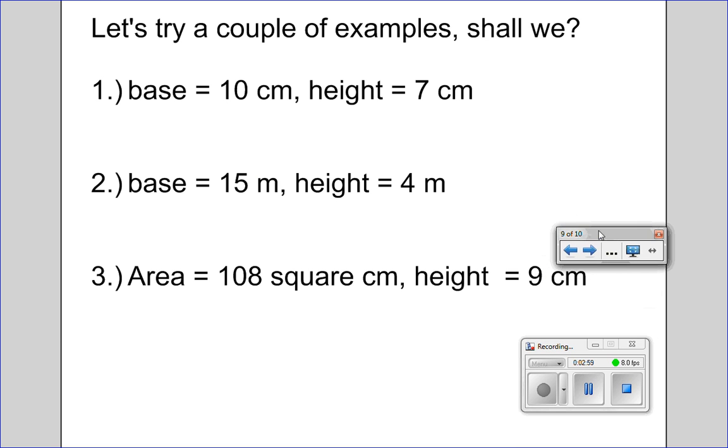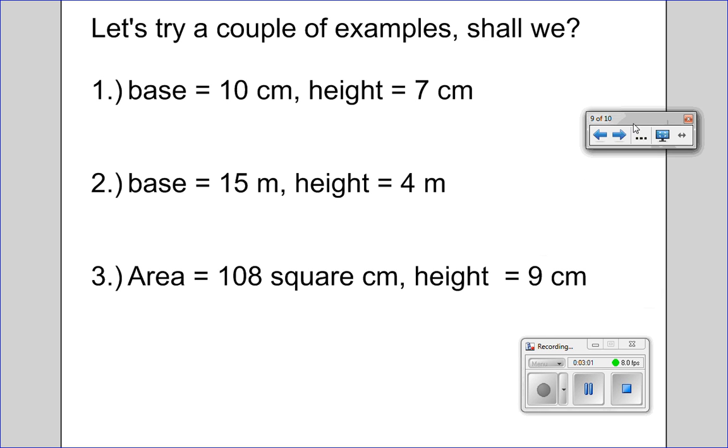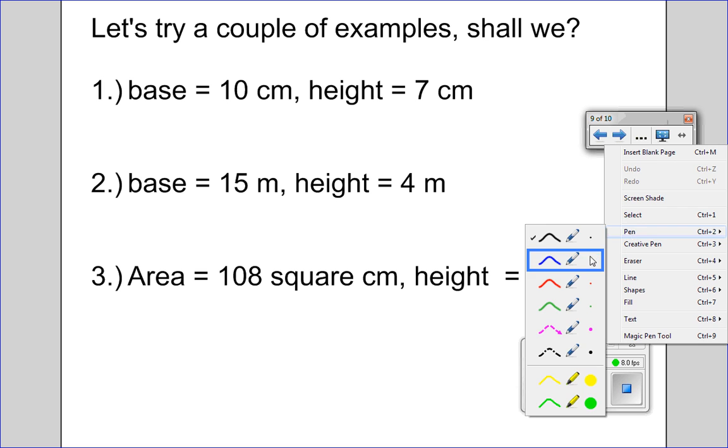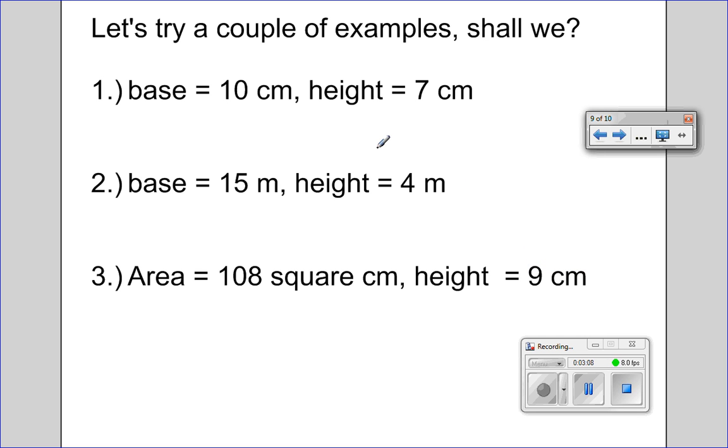Okay, so I'm going to do the first example, and then you're going to try the next two examples at home. So we have base equals 10 centimeters and height equals 7.